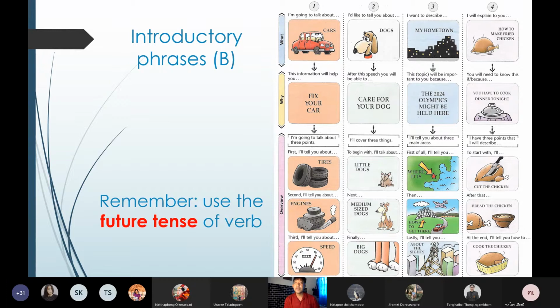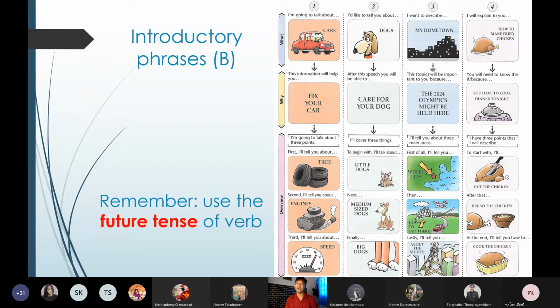Or number three, this topic will be important to you because. Or number four, you will need to know this because. So if I combine them together, let me just use number one for cars: I'm going to talk about cars. This information will help you fix your car.